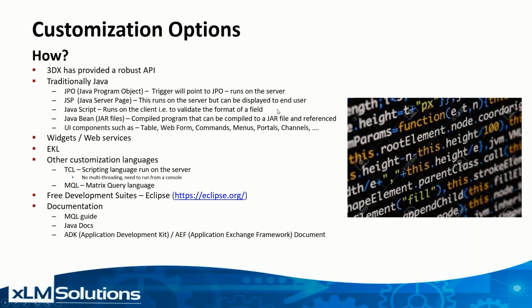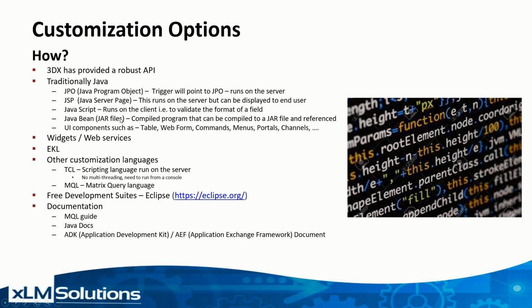It's like a web page, not necessarily a pure HTML page, but a web page that can display data. JavaScripts are code that can run on the client side and can be used to validate forms and other rich client operations.